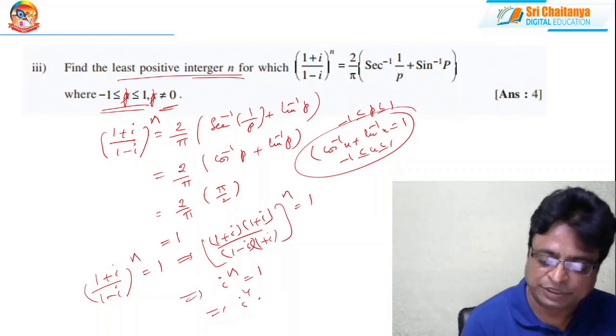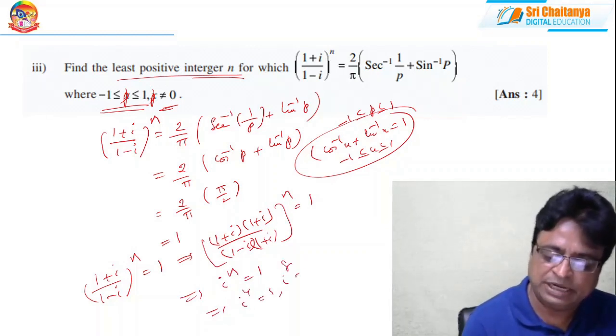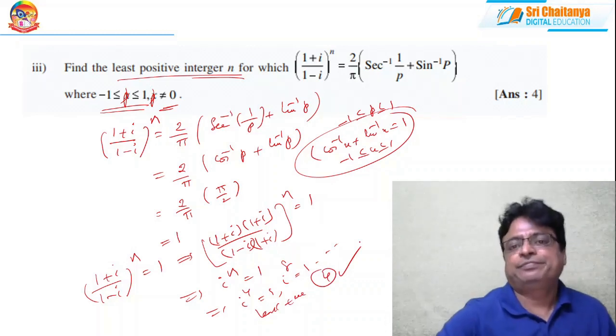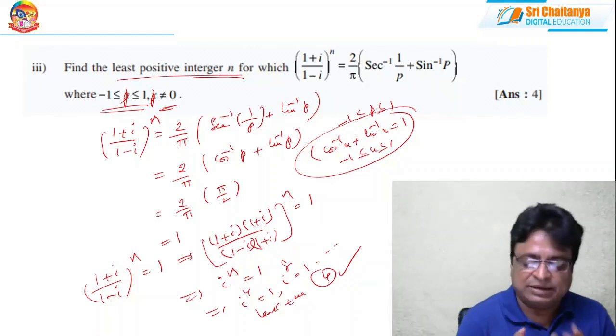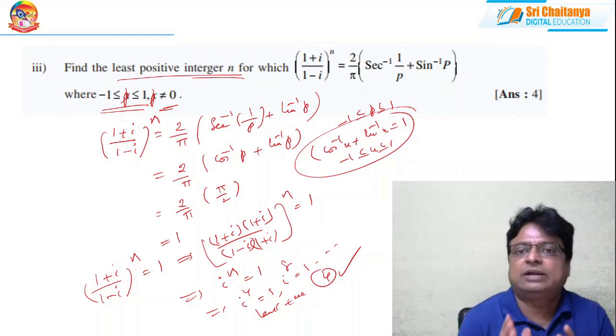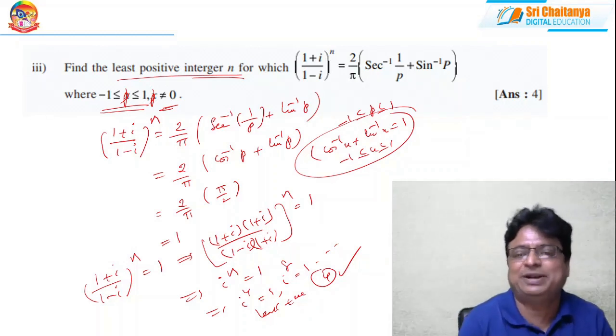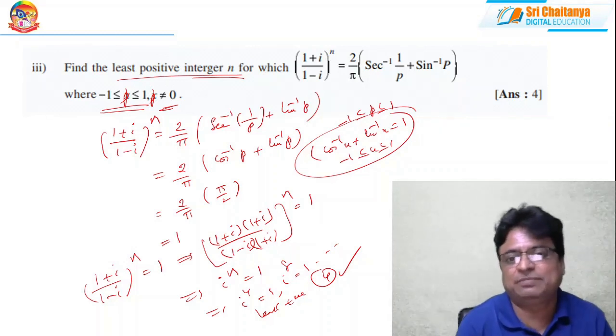So i power 4 is equal to 1, i power 8 is equal to 1, and so on. The least positive value is 4 only. So my answer would be 4. So here, instead of giving 1 directly, they have constructed the 1 using inverse trigonometry. So the remaining problem is very simple, that is in your hand.